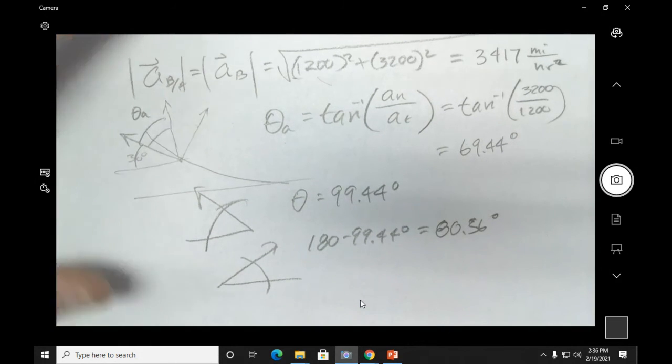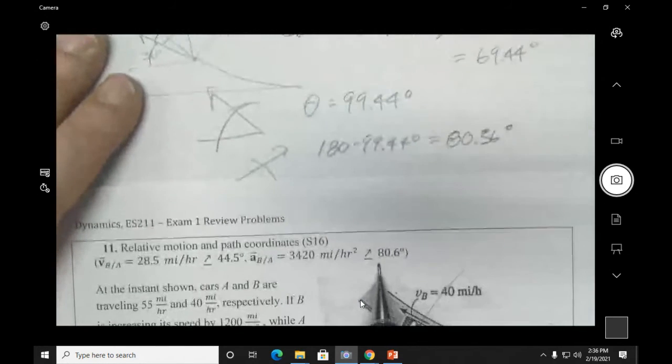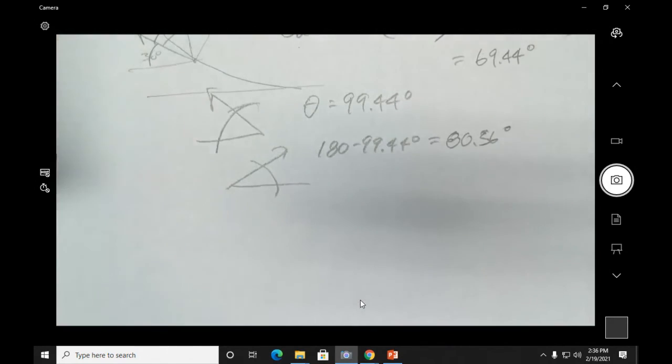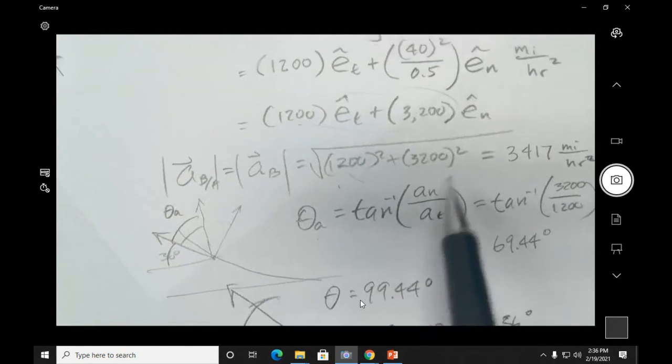That is the solution to the problem, in this direction. But some of the intention here is that you would do the coordinate transformation.